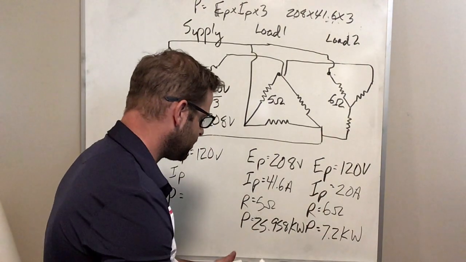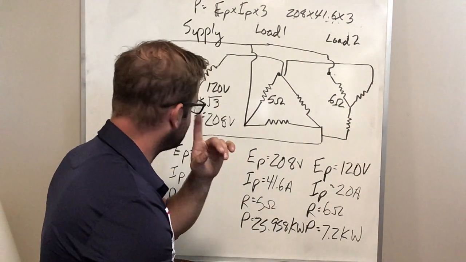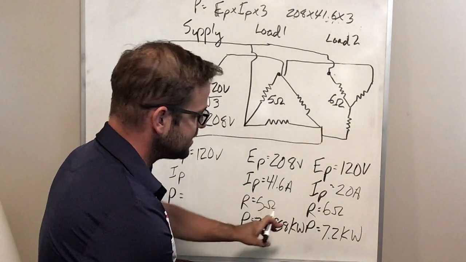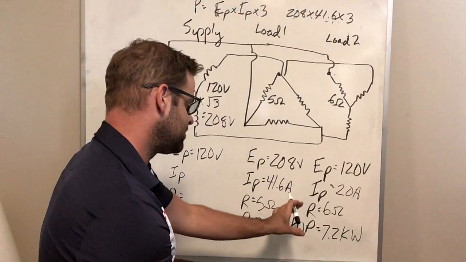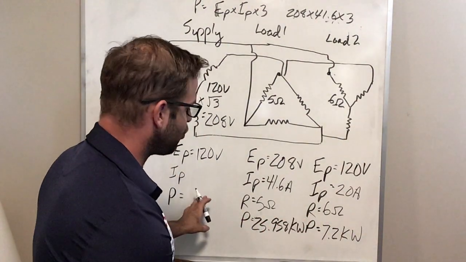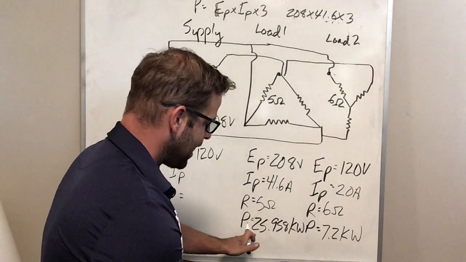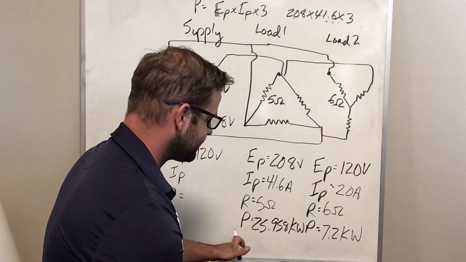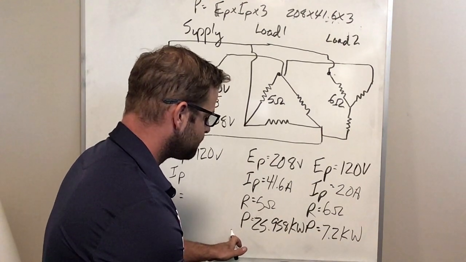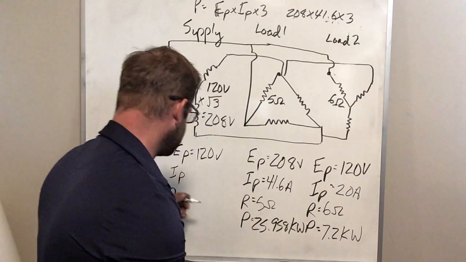And from what we had talked about last class, you can go through this formula several different ways. The easiest, as you guys had seen, was to add up all your powers and find your total power and then find the current that way. And if you add up your two powers, you get 25.958 plus 7.2.